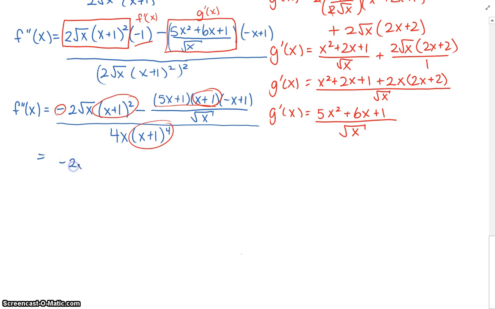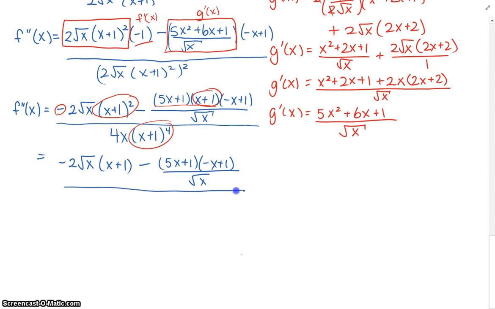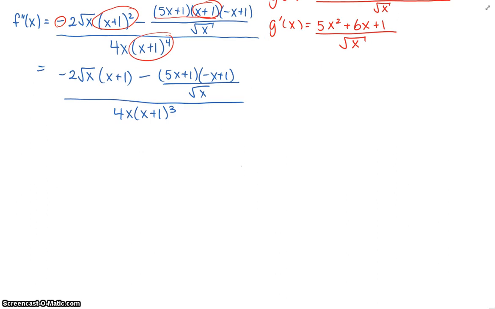So we're left with -2 root x times 1, x plus 1, and then minus, in this case, 5x plus 1, negative x plus 1, all over root x, all over 4x, x plus 1 to the 3. And again, I'll go through and simplify this a little bit more for you, and then we are done that problem.